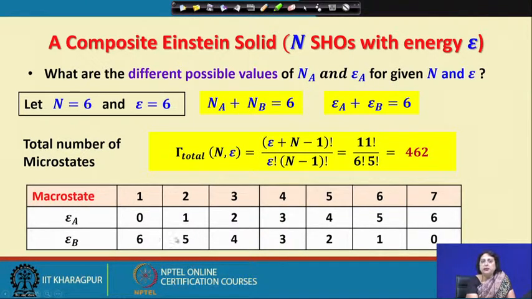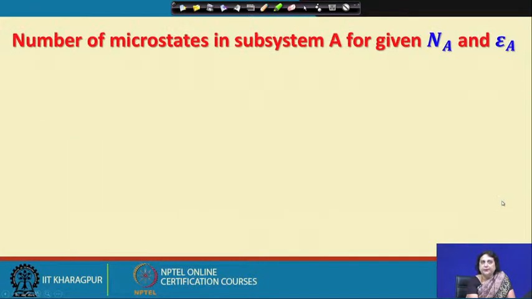And there will be many microstates possible for, say, epsilon A equal to 0, or some other microscopic states associated with epsilon A equal to 5. If I sum up all the possible microscopic states for each of these macrostates, I am going to retrieve this number 462.